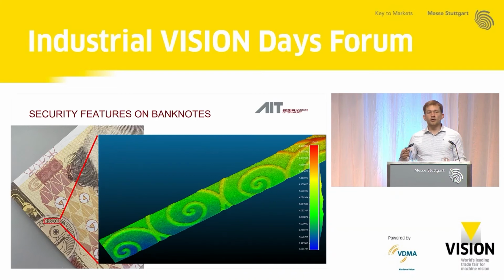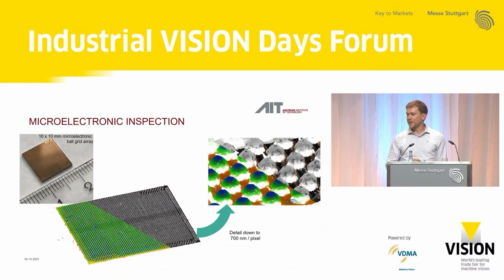And now what can we do with this high speed I talked about? With the nearly 40 million points per second. For this example, I come back to my ball grid array I mentioned in the beginning. Of course, our 10 by 10 millimeter ball grid array is larger than our 1.6 millimeter field of view.